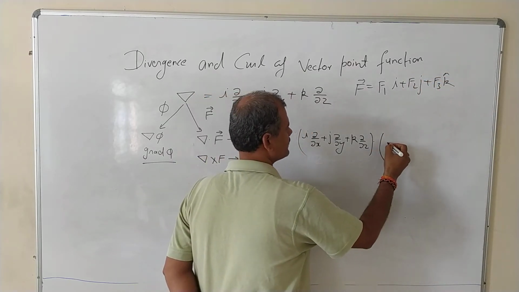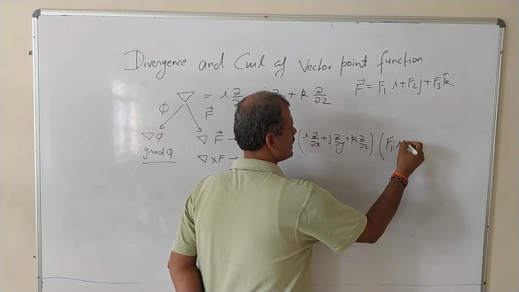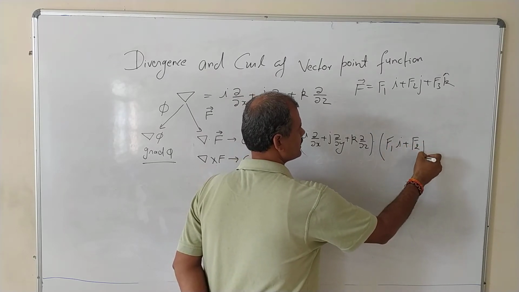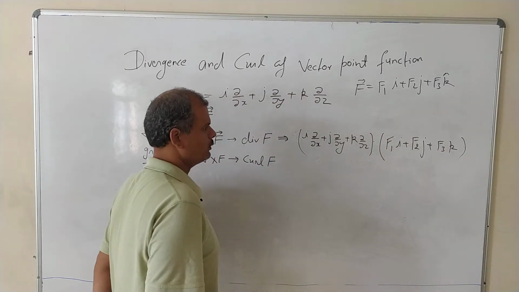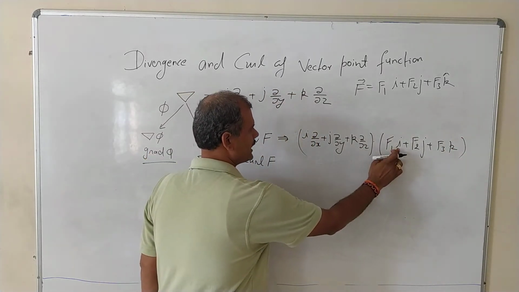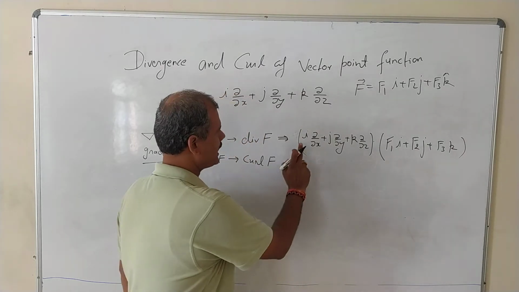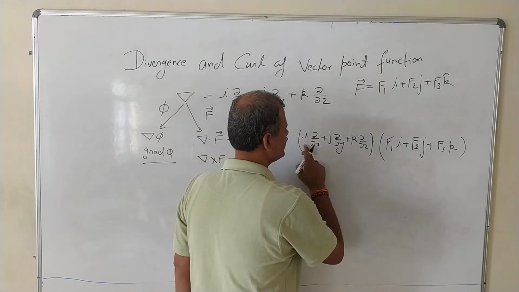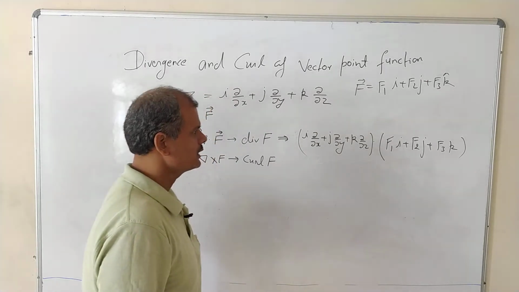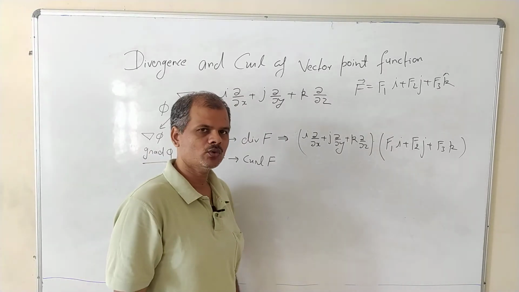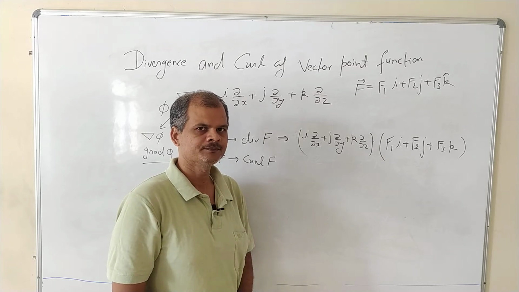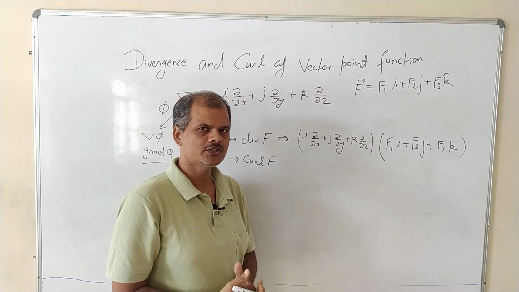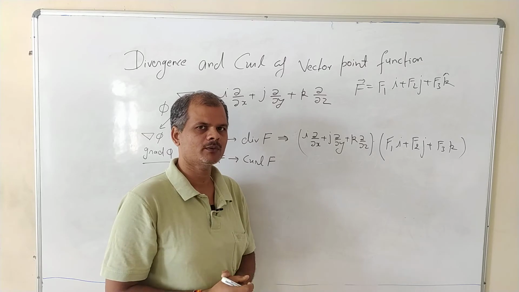So here we get the dot product. Now i into i will be 1, i into j will be 0, i into k will be 0, because the dot product of two orthogonal vectors is 0, right?